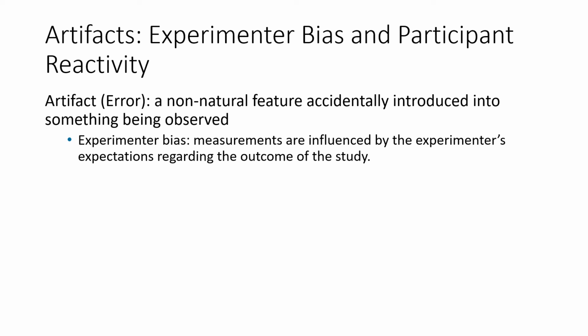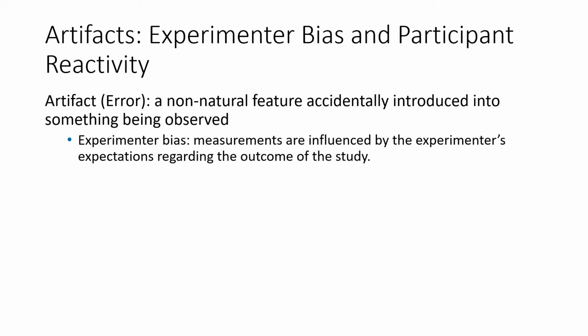Okay, let's talk about error real quick before we finish this up. One of the things to talk about is artifacts. Another way to say artifacts is error. Artifacts, or error, is when a non-natural feature is accidentally introduced into something being observed, causing what's being observed to be, in a sense, corrupted.